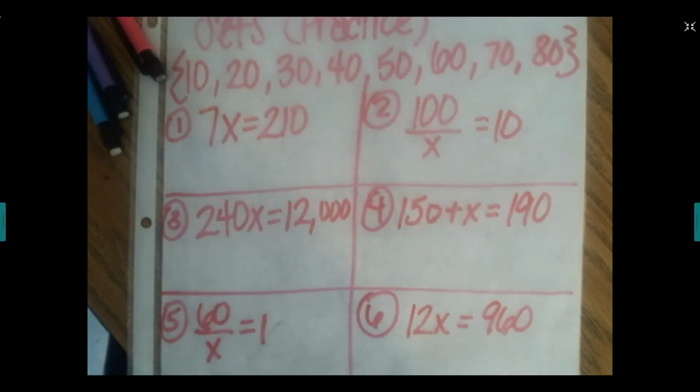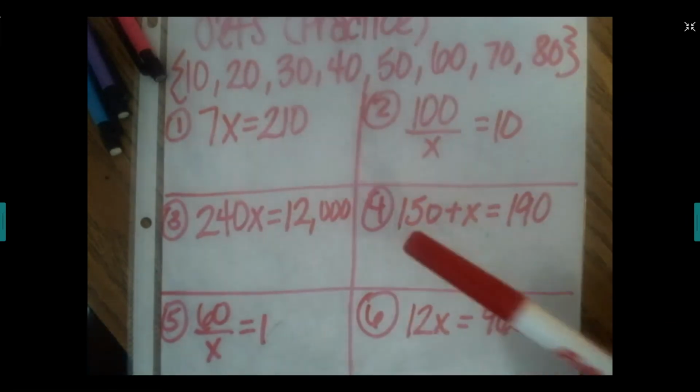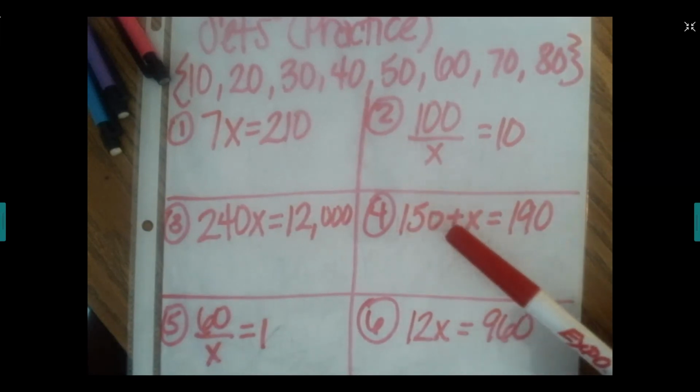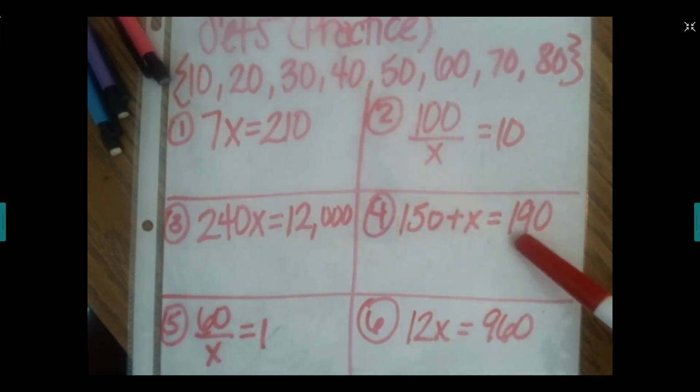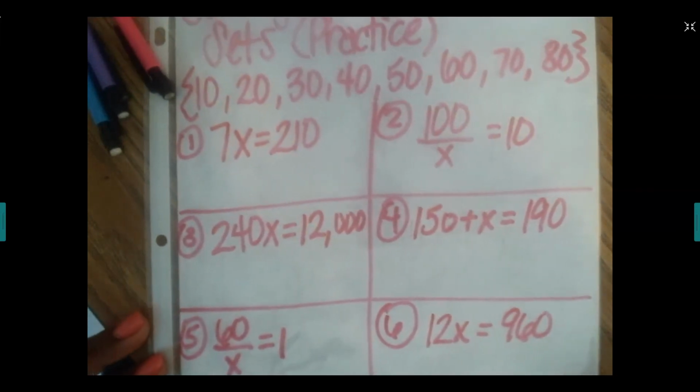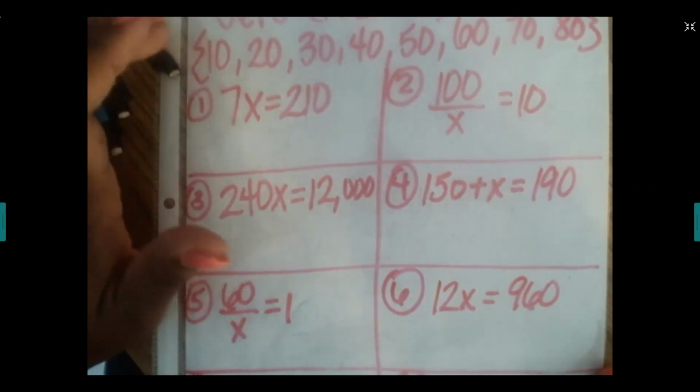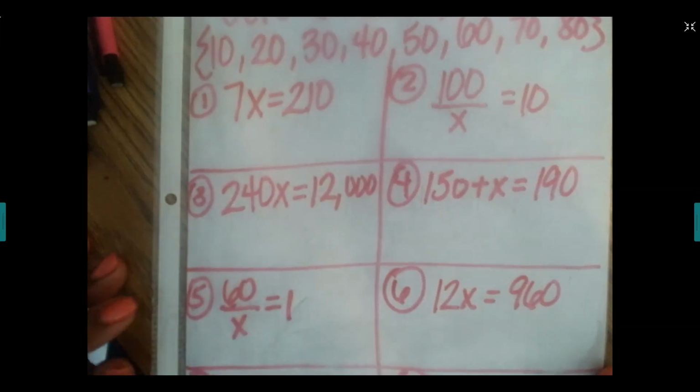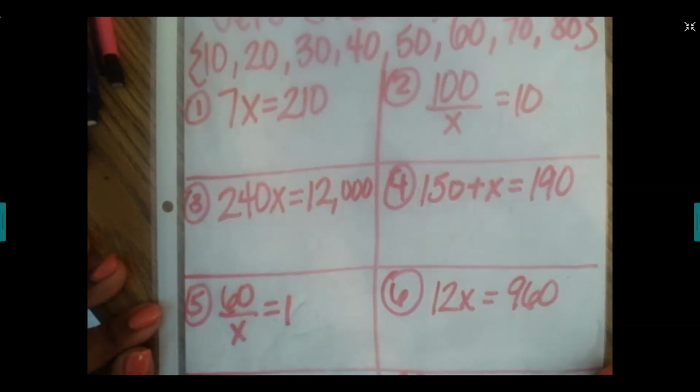Remember, you can use your calculators. 150 plus x equals 190. Make sure you got that solution set written down.